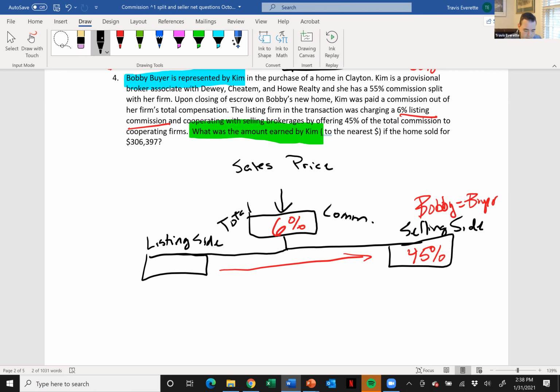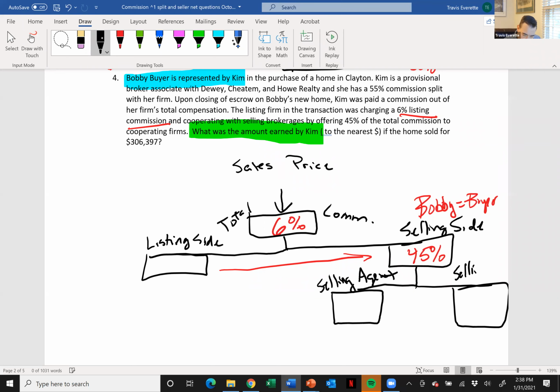Let's go ahead and split this into selling agent or selling broker, which is the same thing as a buyer's agent, and the selling firm or office, right?